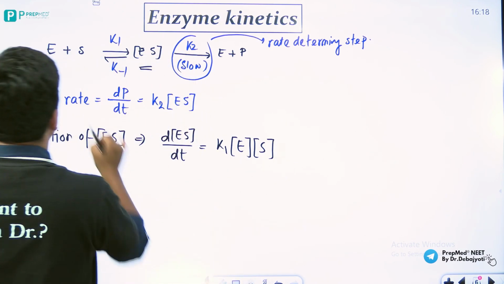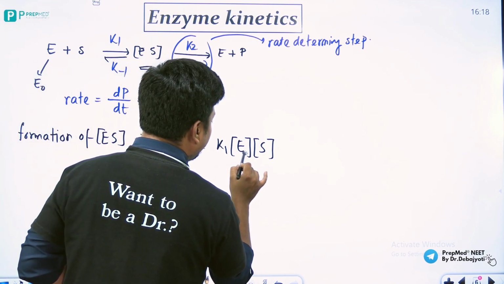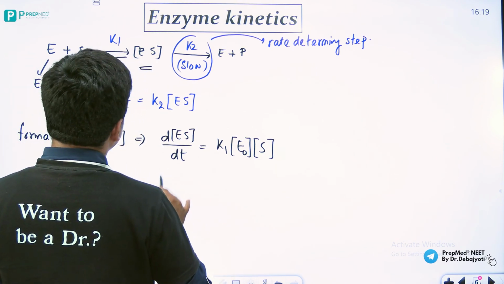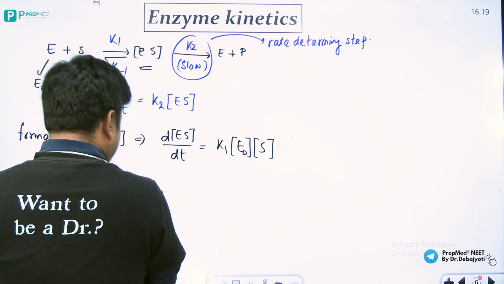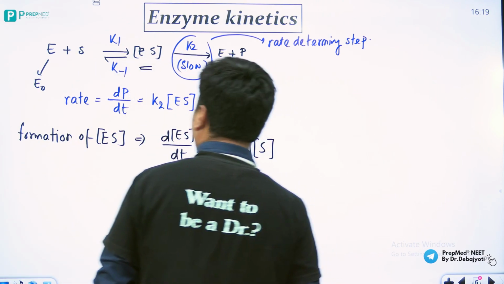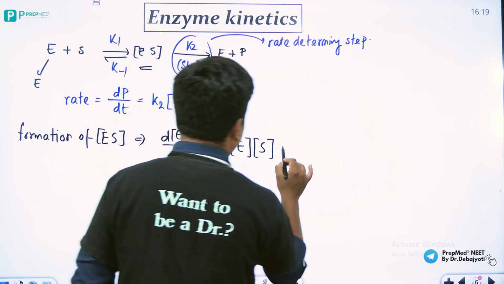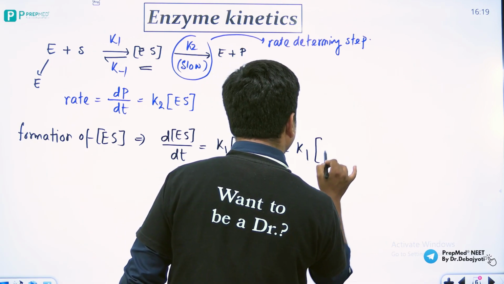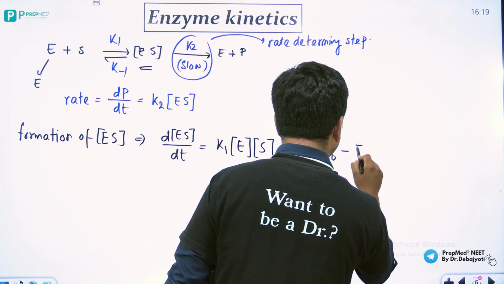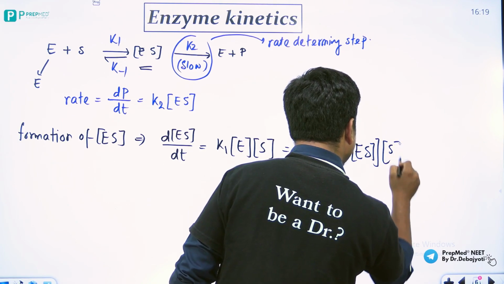Since we were taking the initial concentration of the enzyme as E0, here we can write K1 into (E0 minus ES complex), so ES into substrate S. Clear? Now next step.